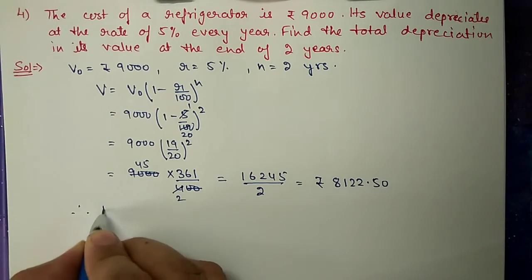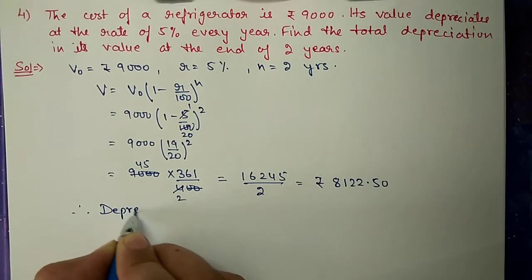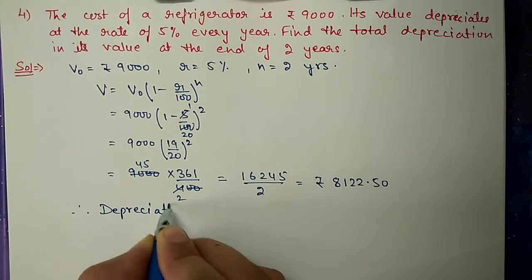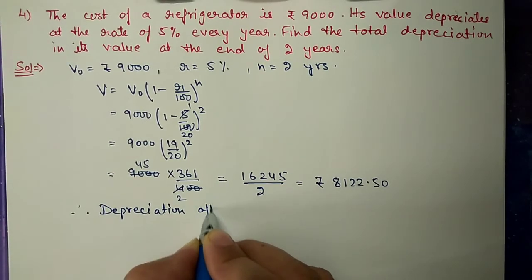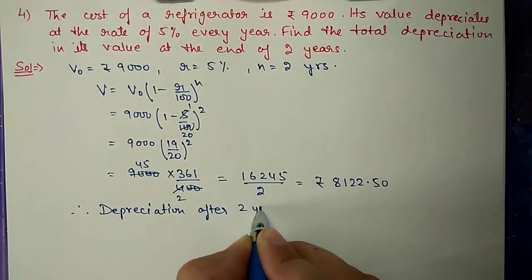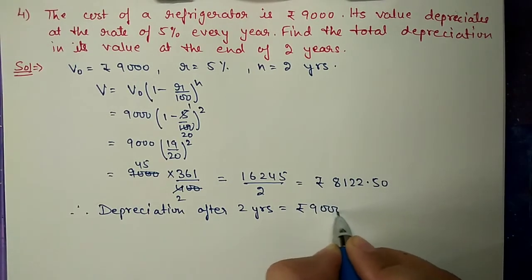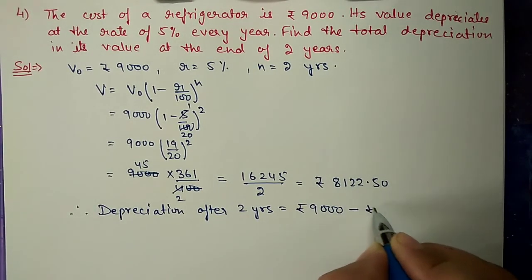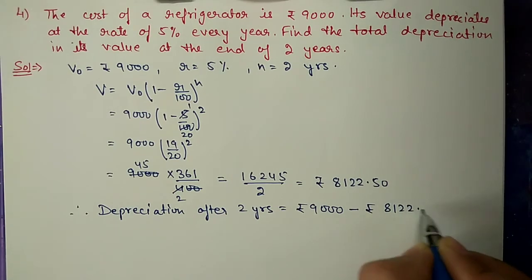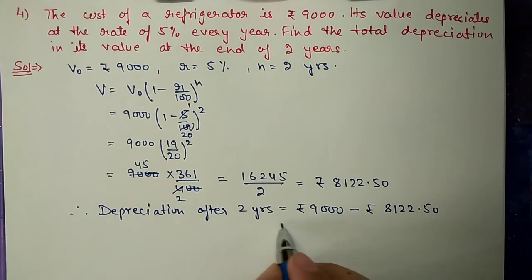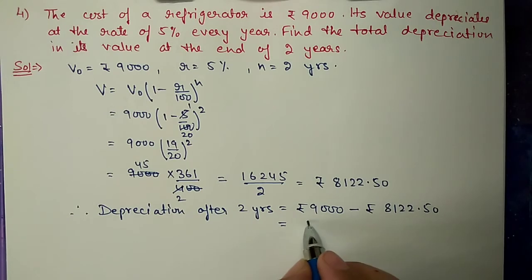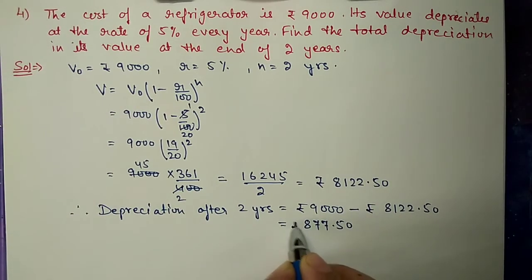So, depreciation after 2 years will be, starting it was 9,000 and it has become 8,122 rupees 50 paise after 2 years. So, depreciation here is 877 rupees 50 paise.